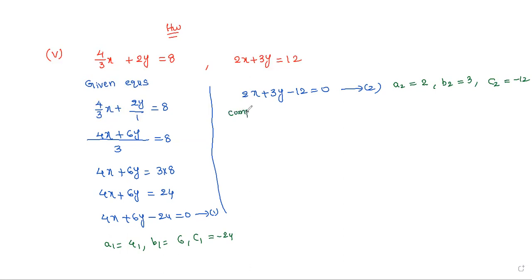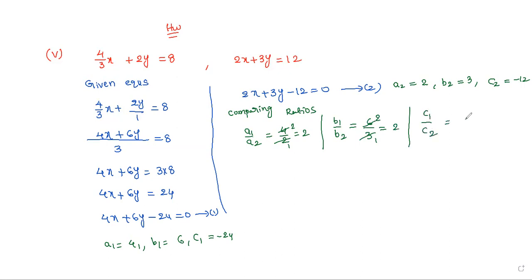Comparing ratios: A1 by A2, 4 by 2, 2 ones are 2, 2 twos are 4, 2 by 1, 2. B1 by B2, 6 by 3, 3 ones are 3, 3 twos are 6, 2 by 1, 2. C1 by C2, minus 24 by minus 12. All are the same. Negative, negative cancel. Since A1 by A2 is equal to B1 by B2 is equal to C1 by C2, what condition is it?